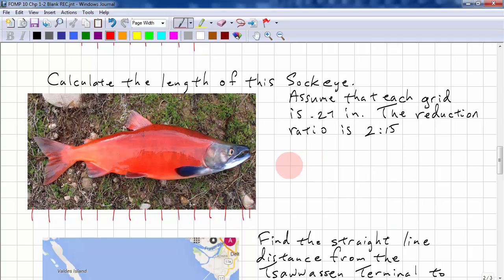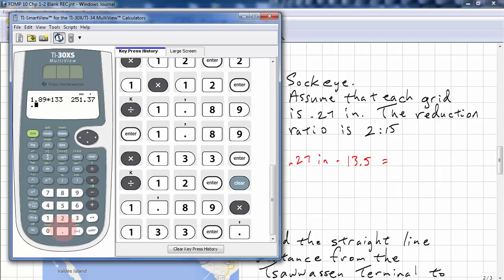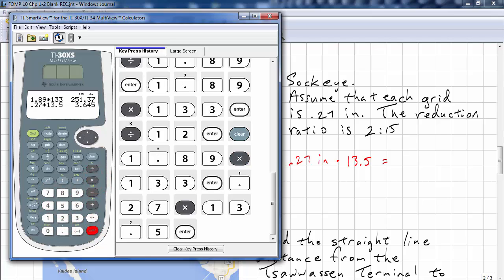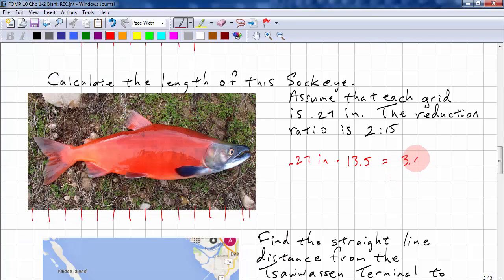So we have 0.27 inches times 13.5 grid units. 0.27 times 13.5 gives us 3.645 inches.